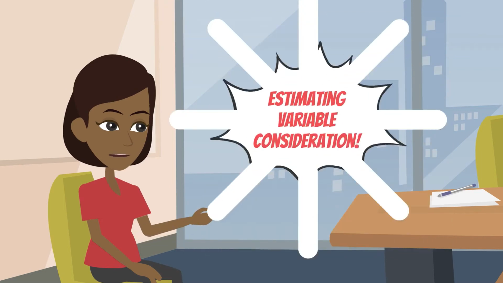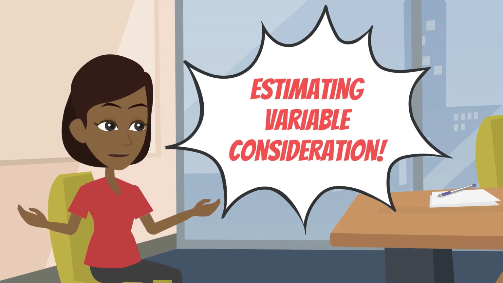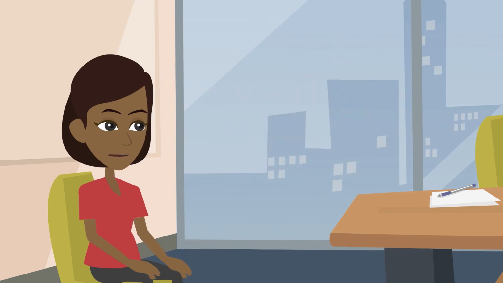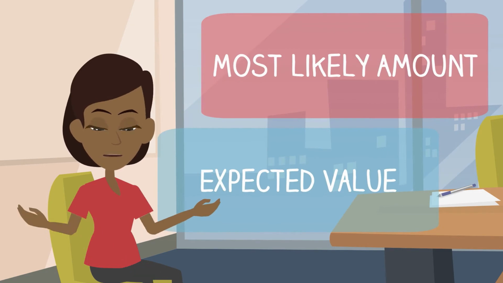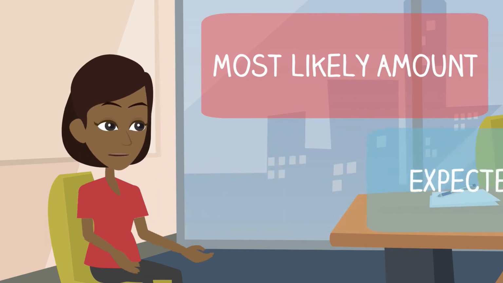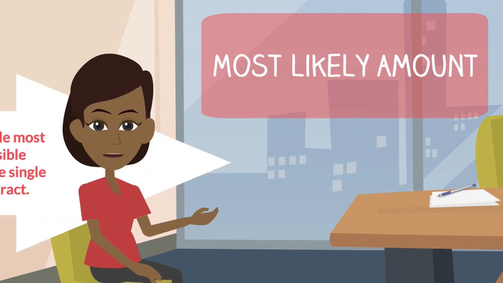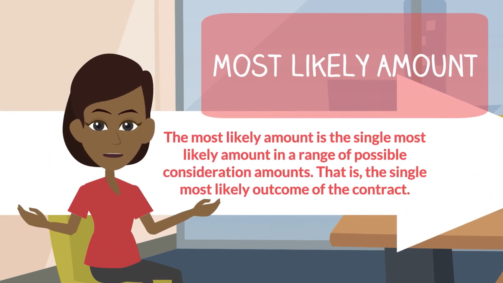To estimate variable consideration, a company needs to consistently apply one of two methods throughout the term of the contract, either the most likely amount or the expected value methods. Let's look at each. The most likely amount method is the single most likely amount in a range of possible consideration amounts.